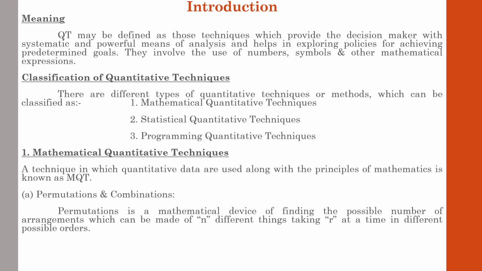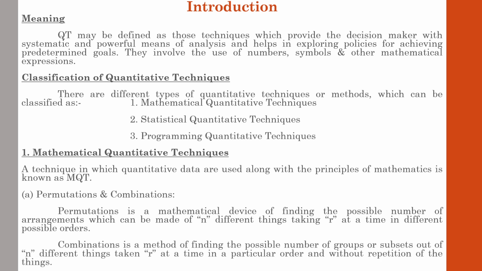In business situations, we come across such areas, where you need to find the different arrangements that can be made on the basis of various numbers, alphabets, or facts and figures taken at a time. In that case, we use the method known as permutation. There is a formula for permutation, and we will discuss it in detail in the coming sessions. So that is the concept of permutation.